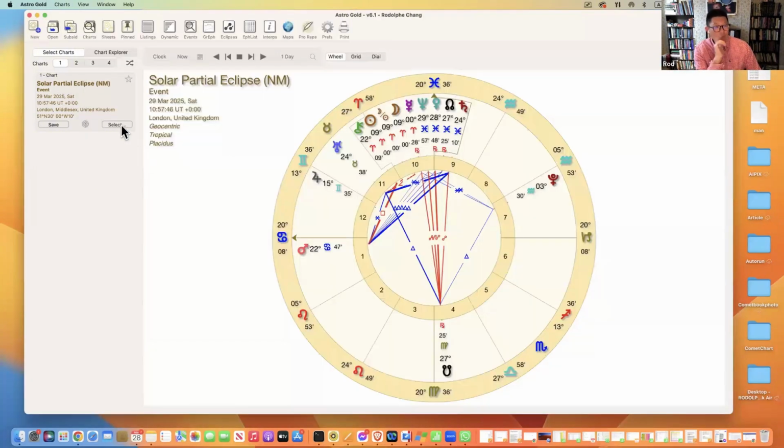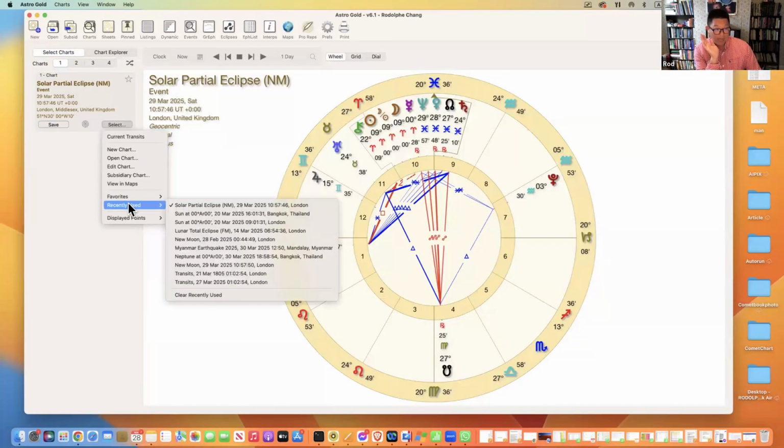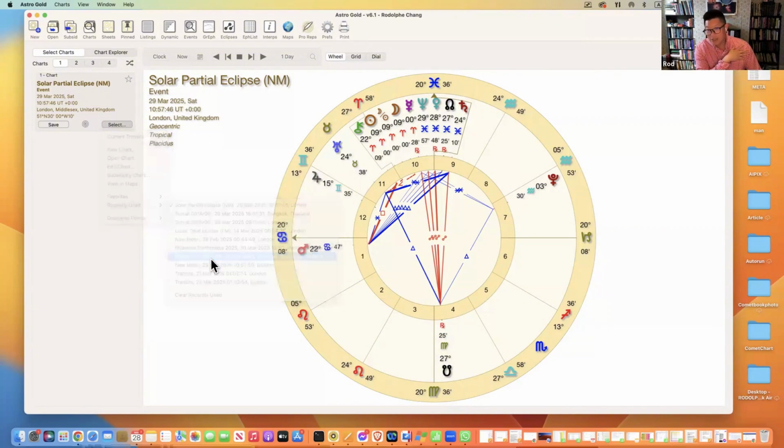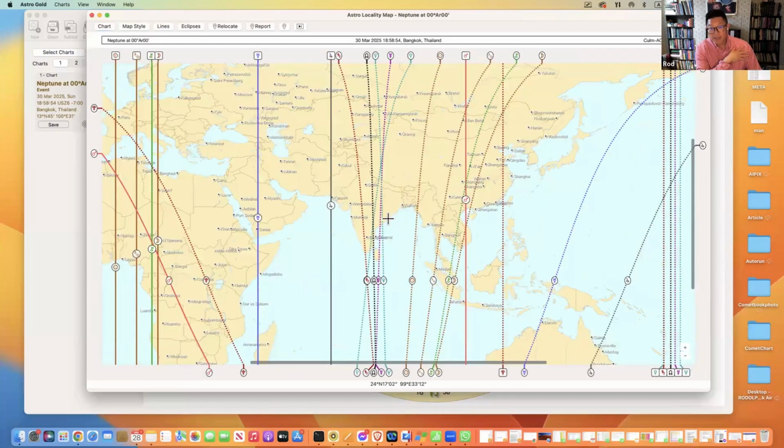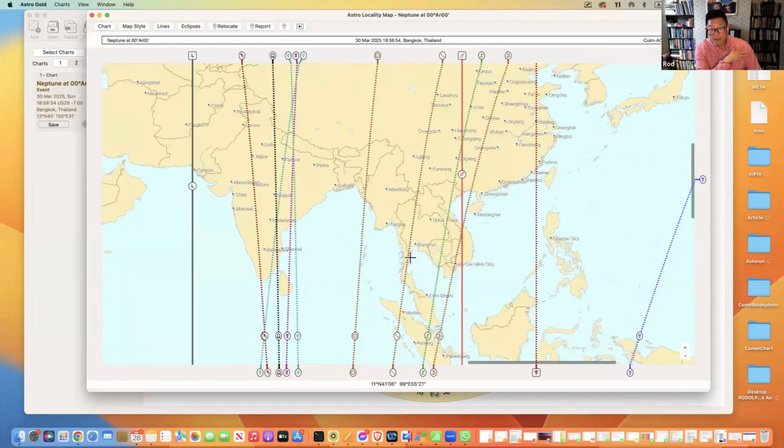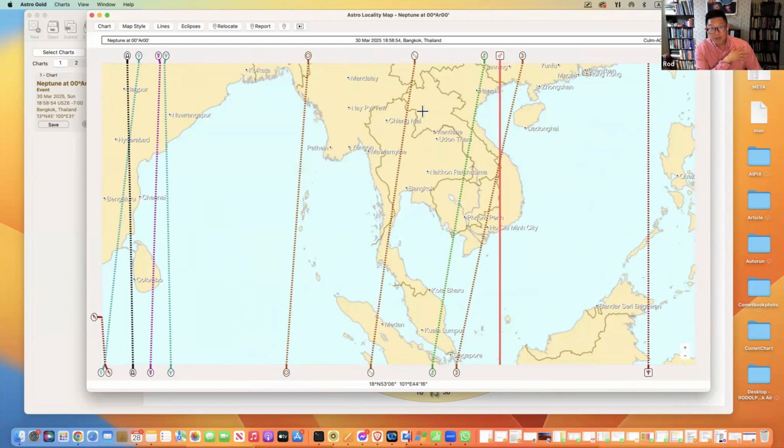Now, I'm curious about one more thing before I finish today's special podcast. It's a special podcast, isn't it? Neptune is moving into Aries on the 30th of March, based on Bangkok. And look at the map. You have the Sun-Moon midpoint passing by Bangkok, your Sun passing by Myanmar.